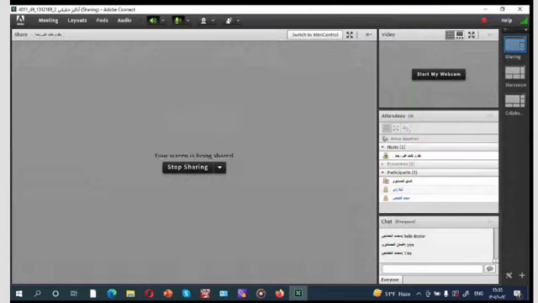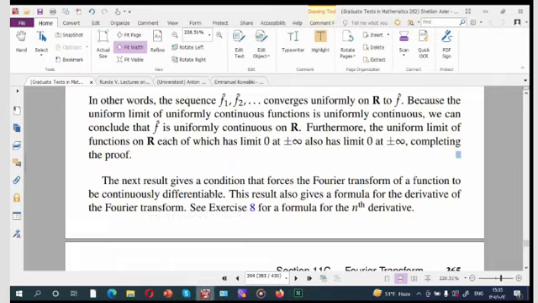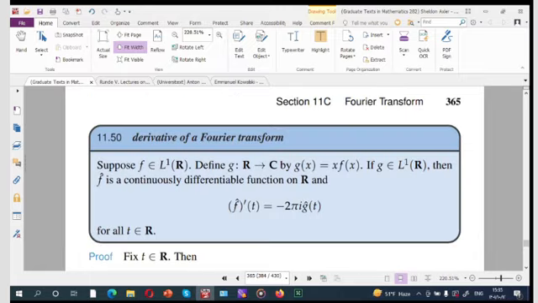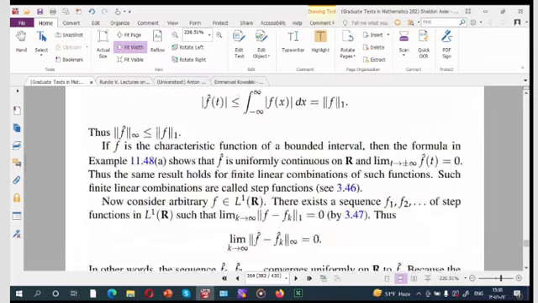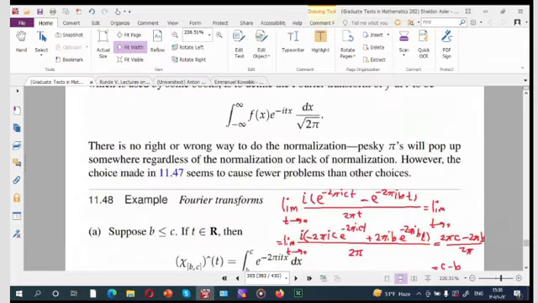In the previous session, we saw the definition of the Fourier transform. Let me review this definition for you.